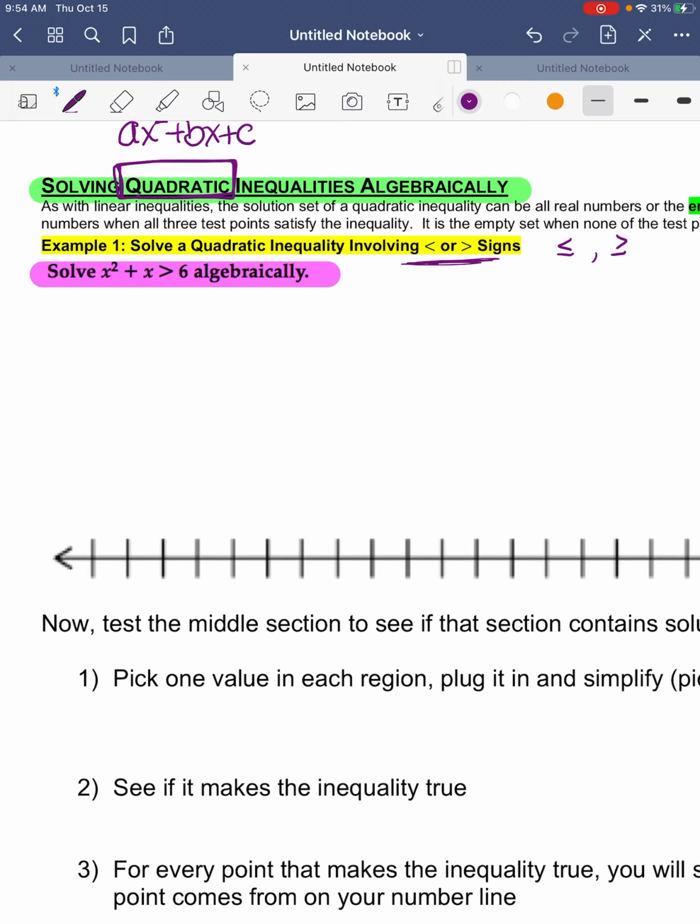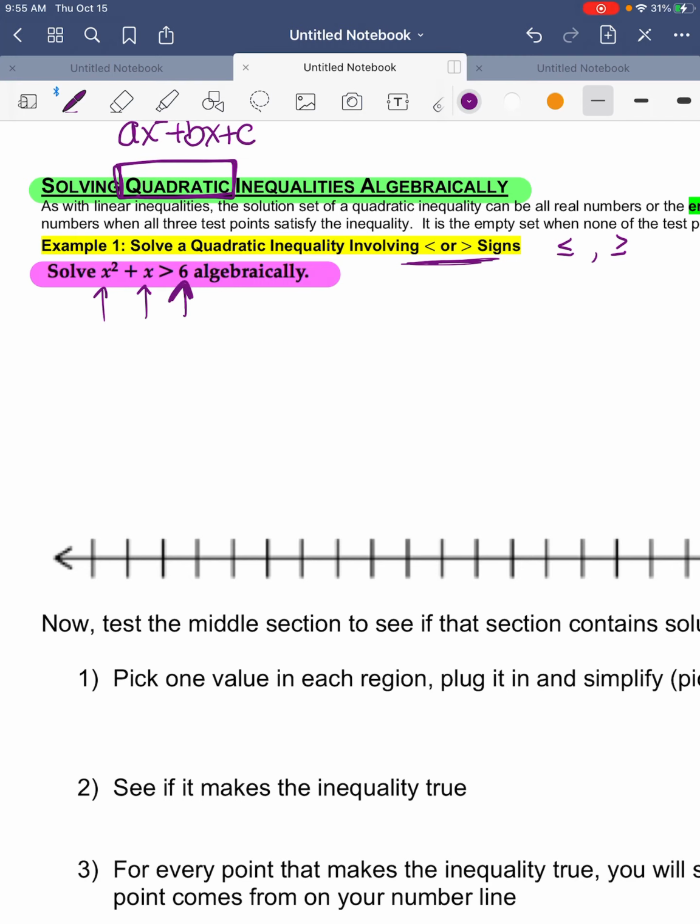In other words, they want us to find all the x values that, when you plug them in here, you get something greater than 6. At the end, our answer has to be every single x value that, when you plug it into your inequality, gives you something greater than 6.